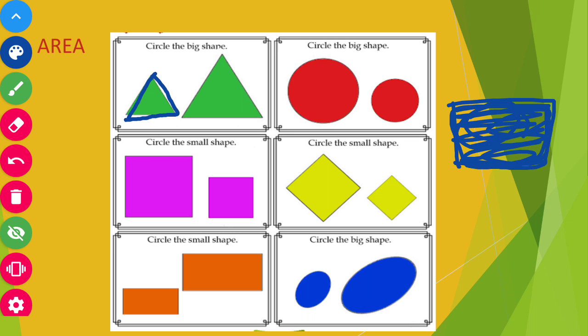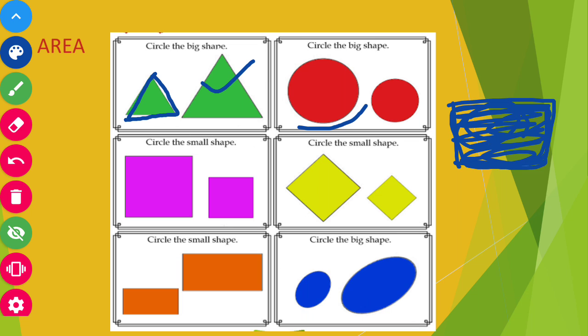Now see here, can you compare which triangle is bigger in size? That means it has a larger surface. Which has the larger surface? This triangle has the larger surface.